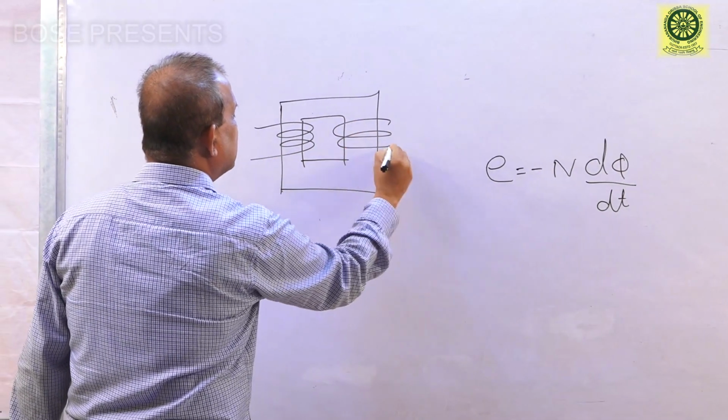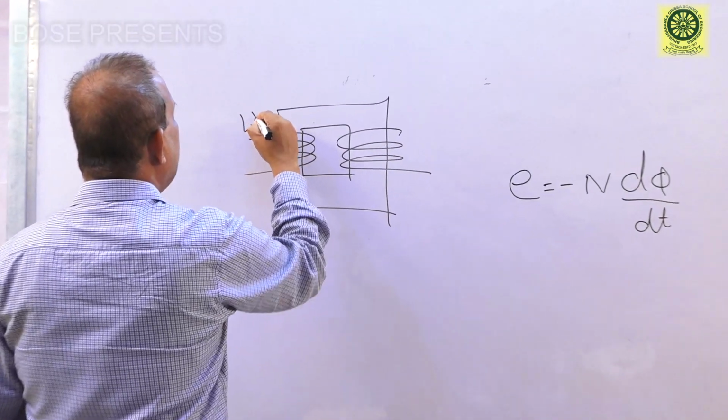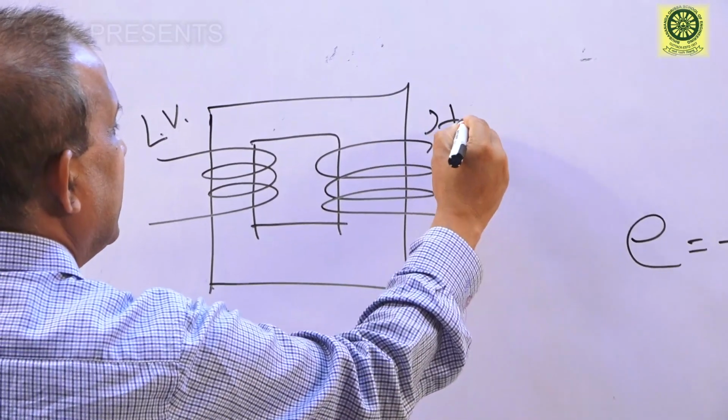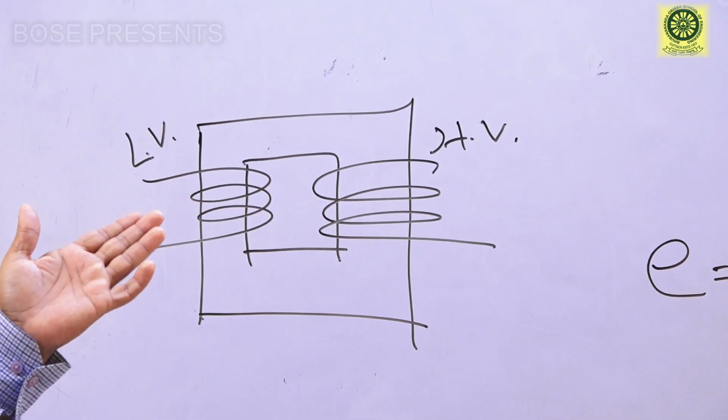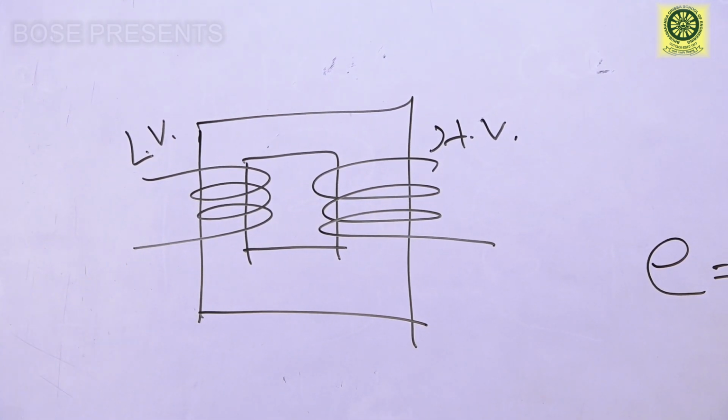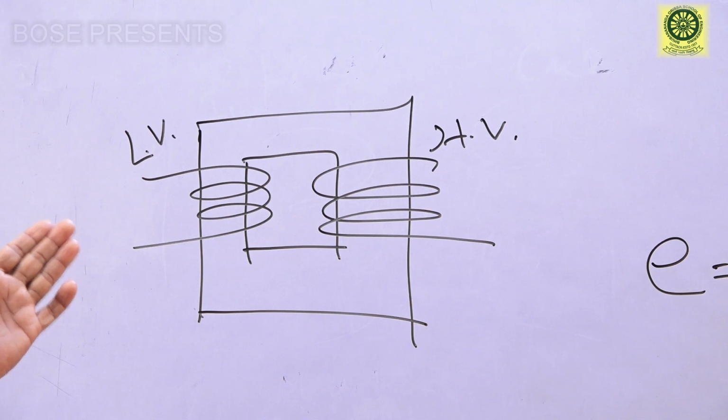There are two windings: one is the LV winding, another is the HV winding. LV stands for low voltage winding and HV stands for high voltage winding. In a transformer, whichever side is connected to the supply is known as the primary side, and whichever side delivers power is called the secondary side.